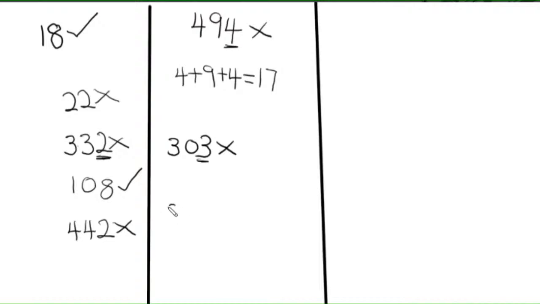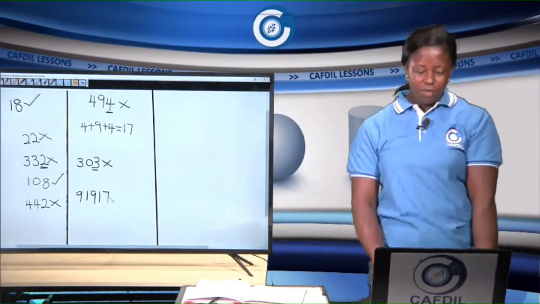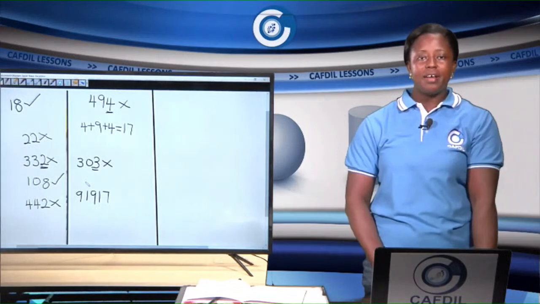I have this. 91,917. Let's check if this number is divisible by 9.